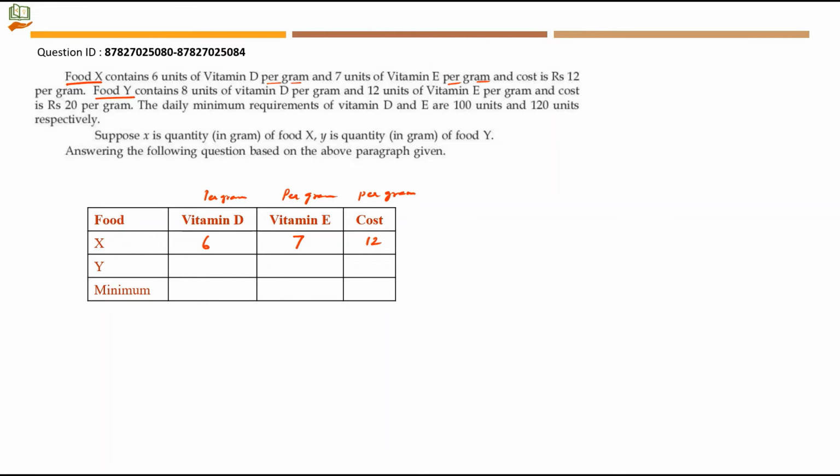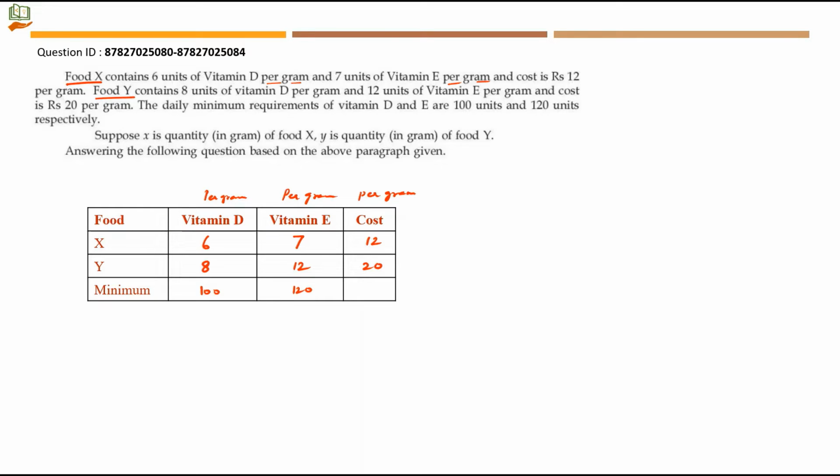Now let's go to food Y. How much vitamin D is present per gram? 8 units. And how much vitamin E is present per gram? 12 units. And what is the cost? It is rupees 20 per gram. So there are two foods, but we have a minimum requirement that this much vitamin D and this much vitamin E should be there every day, and those vitamins will be obtained by taking these two foods X and Y. So the minimum requirement of vitamin D will be 100 and the minimum requirement of vitamin E will be 120.